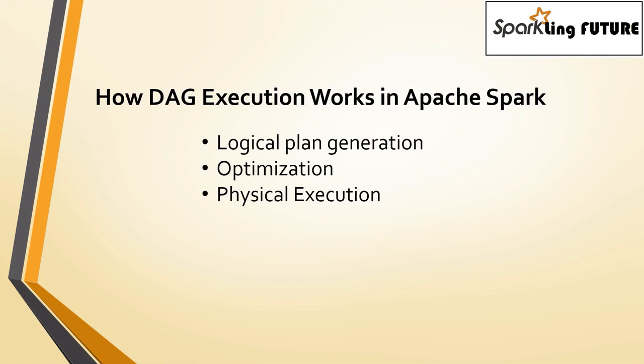Next, how does DAG execution work in Apache Spark? What exactly will happen is, first it will create a logical plan. The DAG is constructed by representing high-level data processing operations, such as logical transformations. It will not have code. It will just have a read operation, then a filter operation, then group by, order by, and count, whatever it is.